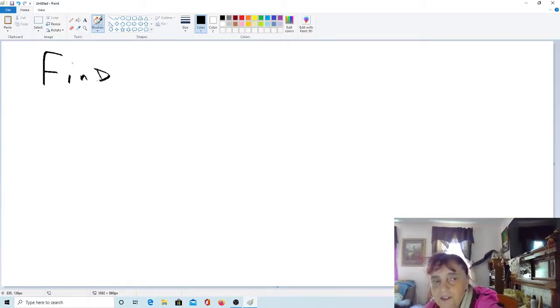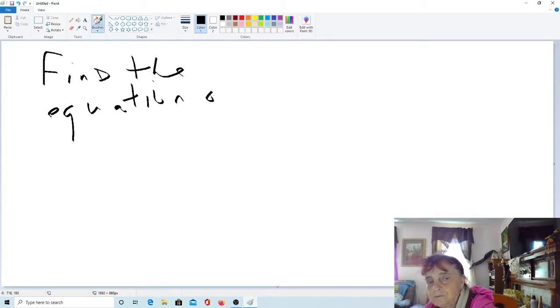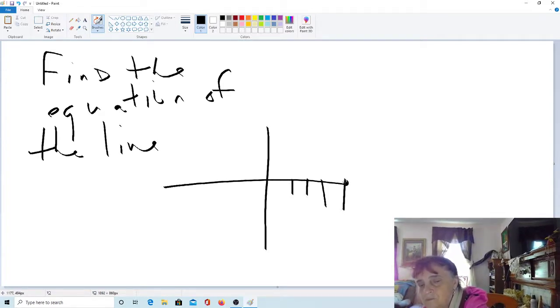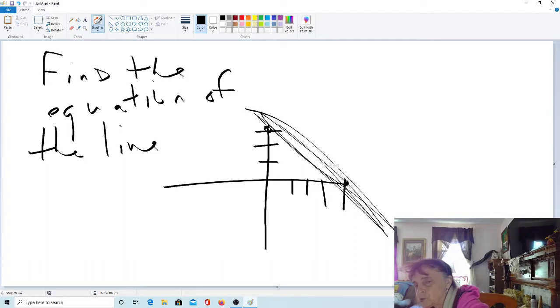Find the equation of the line. Okay, so let's say you've got this graph. Now, again, we'll have a negative slope because it's going this direction.